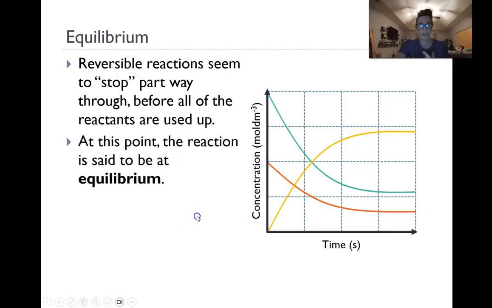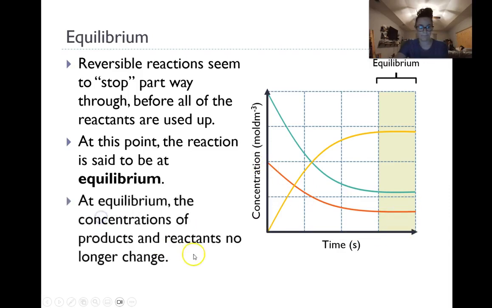At this point, the reaction is said to be at equilibrium, which is indicated by this darker shaded portion right here, whenever the concentrations of all reactants and products appear to be steady. You can see that the reactants have not quite been used up, because if so, this line would be at 0 for the reactants, but it's not. So at equilibrium, the concentrations of products and reactants no longer change.